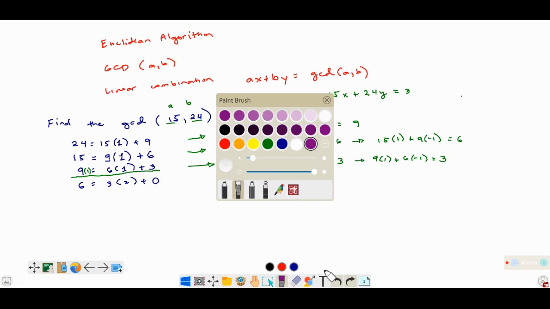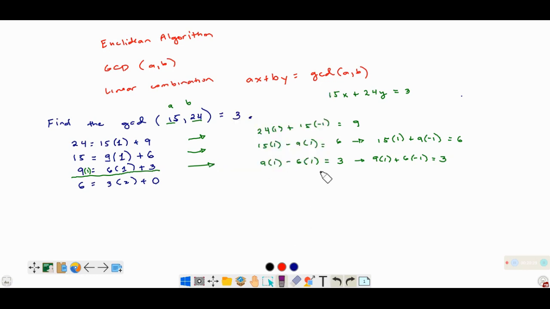Okay, so balik na tayo dito. Taking this line here, we have 9 times 1 plus 6 times negative 1 is equal to 3. We are going to write these values using 15 and 9 and 6 this time.